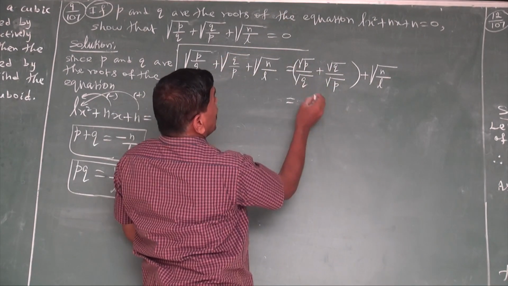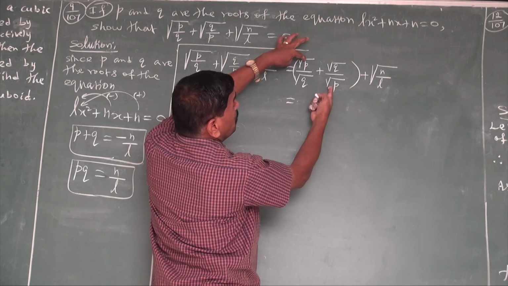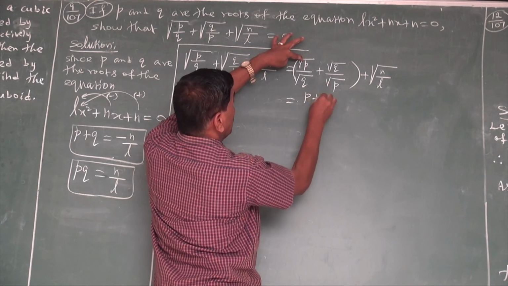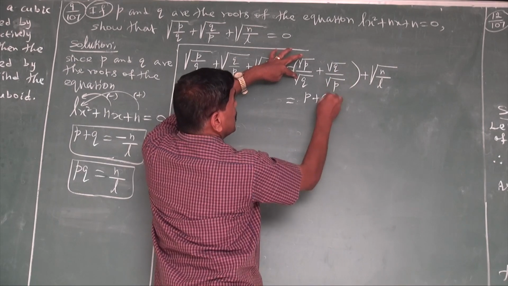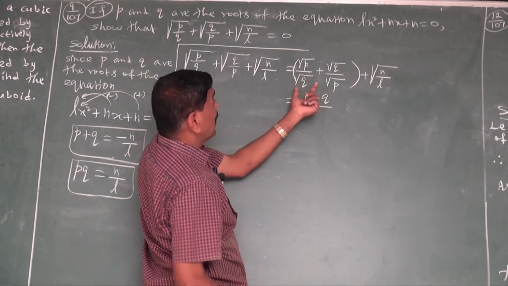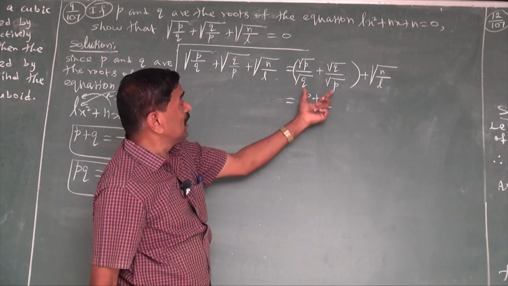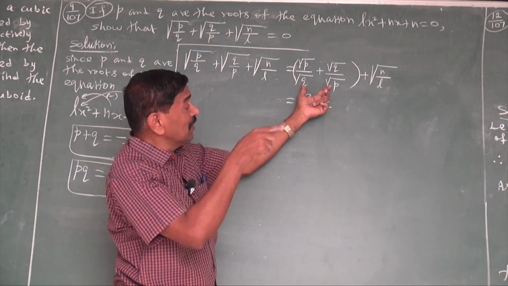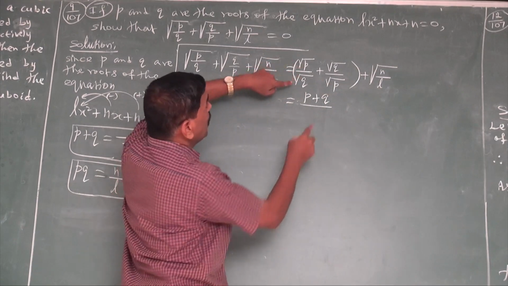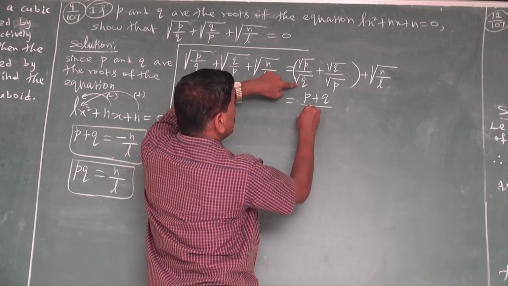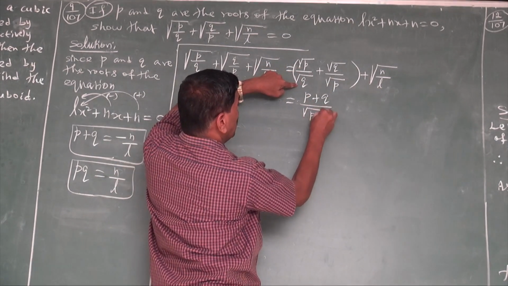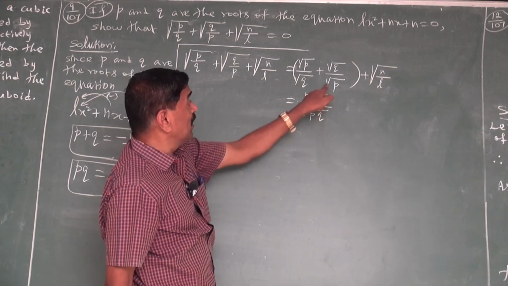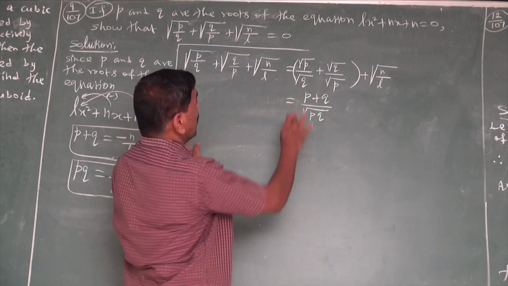Therefore, by cross multiplying, we get root p into root p is equal to p, since while multiplying, the roots cancel. That is p plus root q into root q is equal to q, divided by the denominator into denominator. That is root p into root q is equal to square root of p into q. This root becomes common, so square root of p into q. If there is a doubt, the square root belongs to both p and q, so by splitting we get root p into root q. That's the idea.